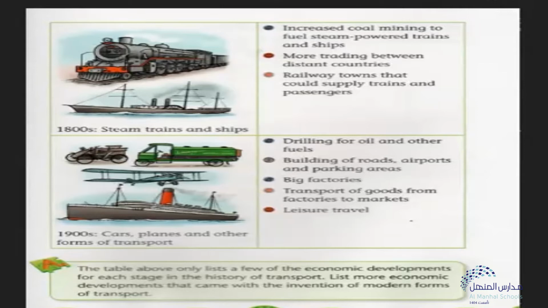You don't have to use coal anymore. The three bullets tell you there's more coal, there's more trading between countries because it's more modernized, and certain cities and countries are now more connected because of the modernized railway systems. You can see clearly on page 129 the difference between then and now. Well, let's go to the 1900s.